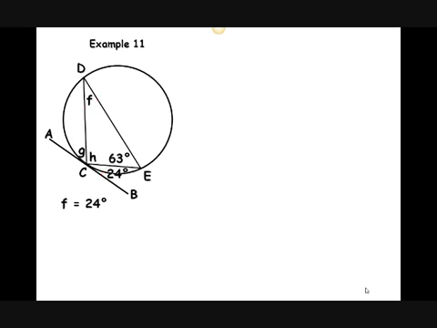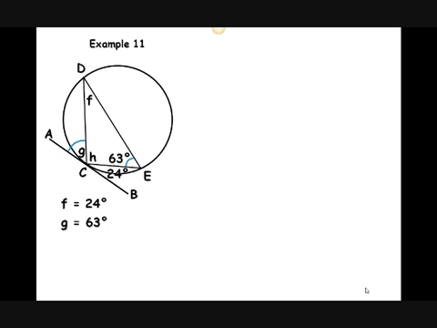Similarly, on the other side, we've got G there, that's the angle between the tangent AB and the chord CD. Well, again, from the same point C, the chord in the alternate segment is CE, so that means that it's the 63 degrees, and G must be the same.